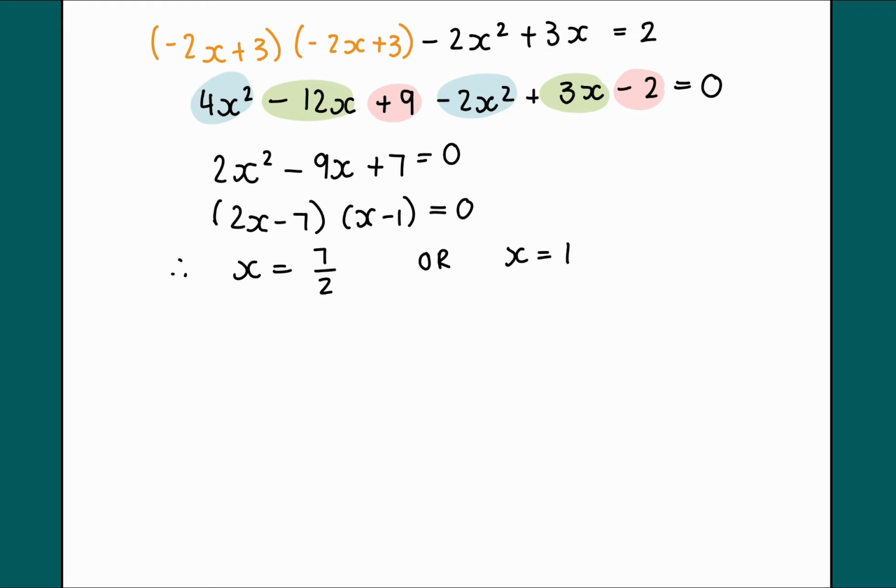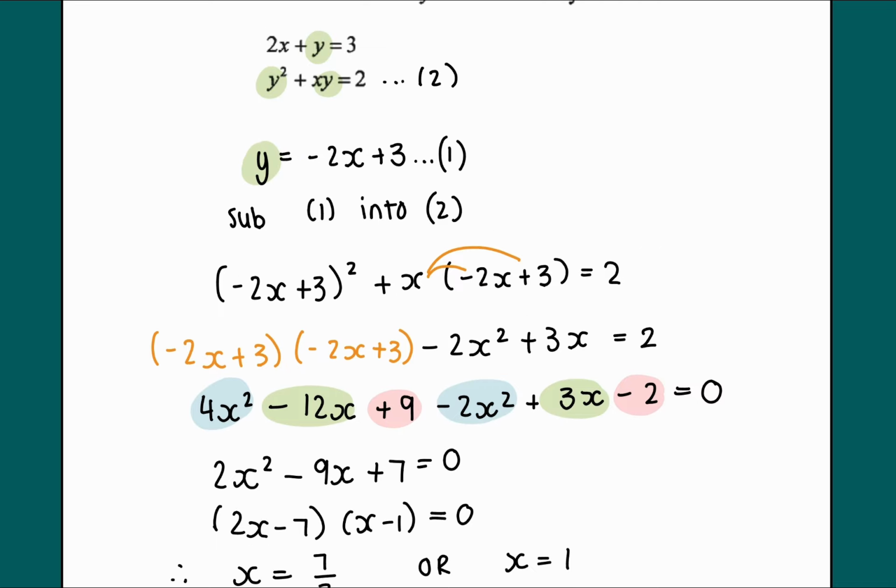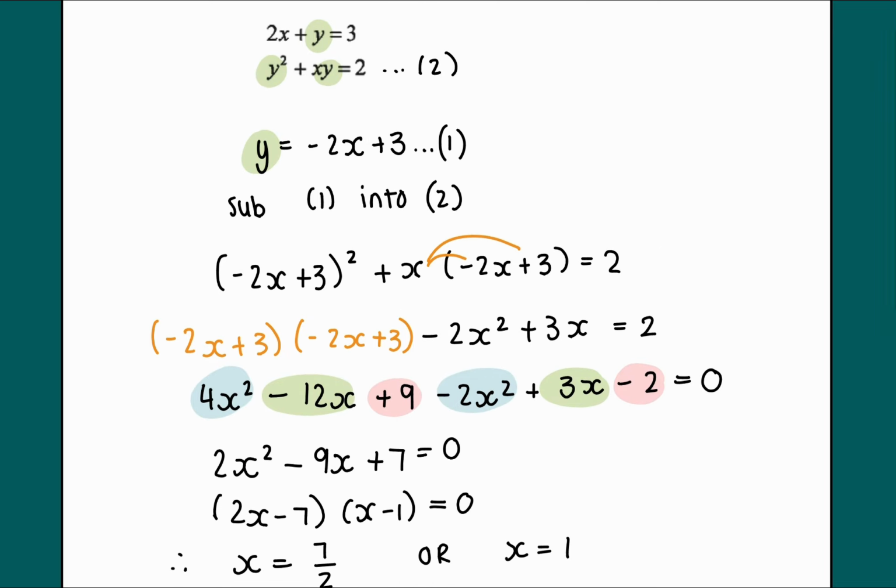But remember, they didn't ask you to just solve for x. They said solve for x and y simultaneously. So what you're going to do is, we were working with equation 2, right? Don't ever sub it back into the equation you were working in. You're going to sub it back into the other equation, which states y is equal to, because we are trying to solve for y.